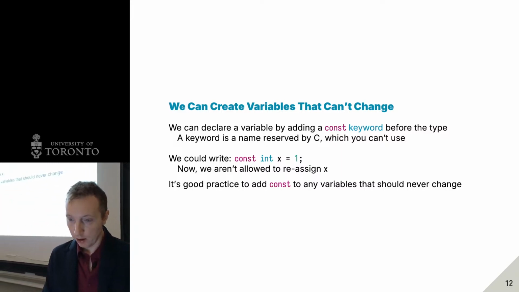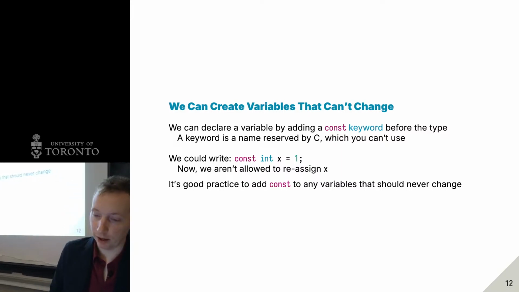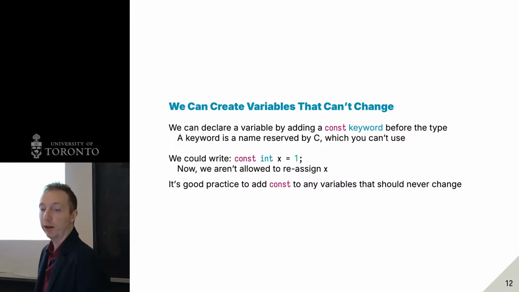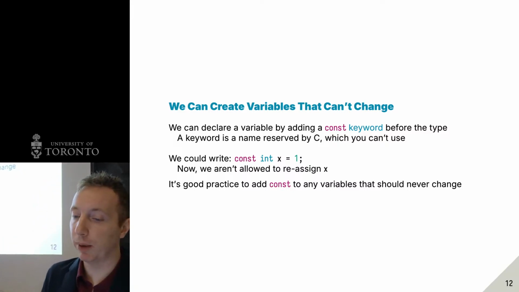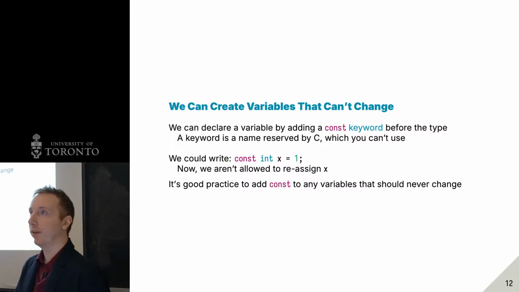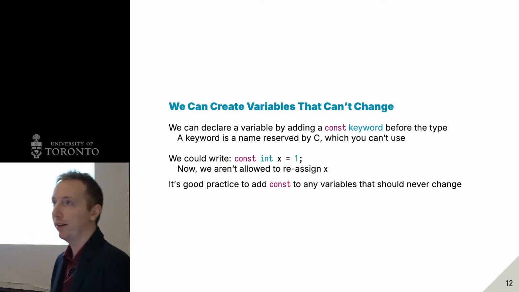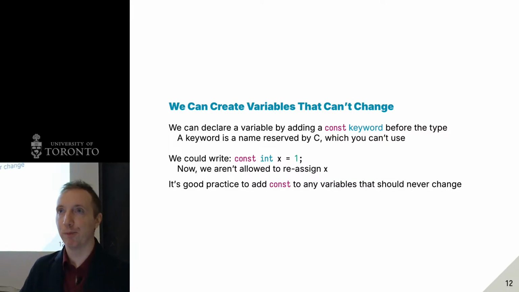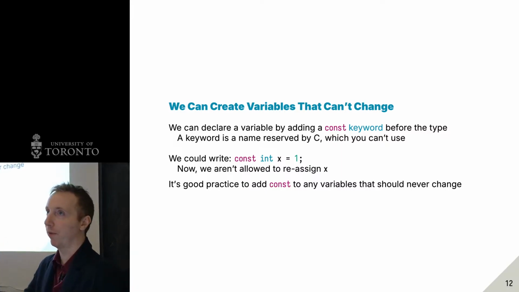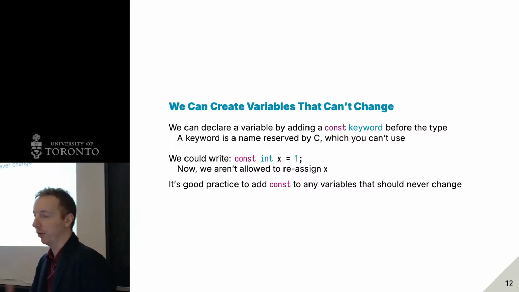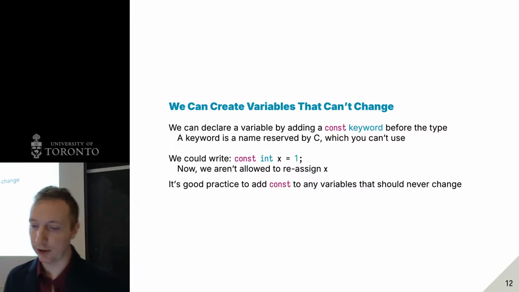We can create variables that do not change as well. We can declare a variable by adding const, what C calls a keyword, before the type. A keyword in C is just a word that's reserved for the compiler, so I can't name a variable something like const. It's reserved by C, you're not allowed to use it.